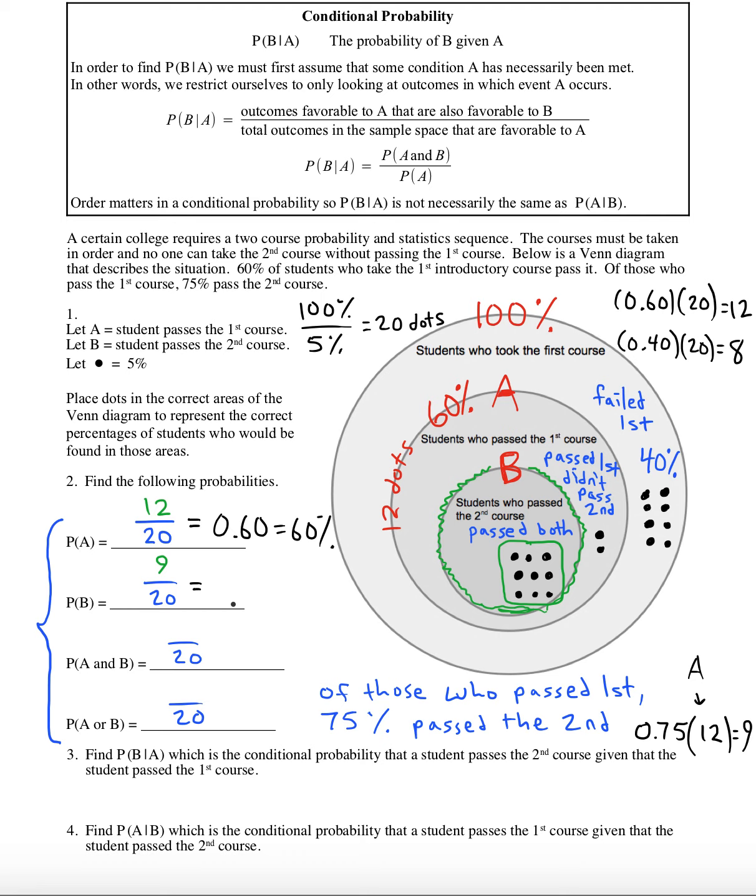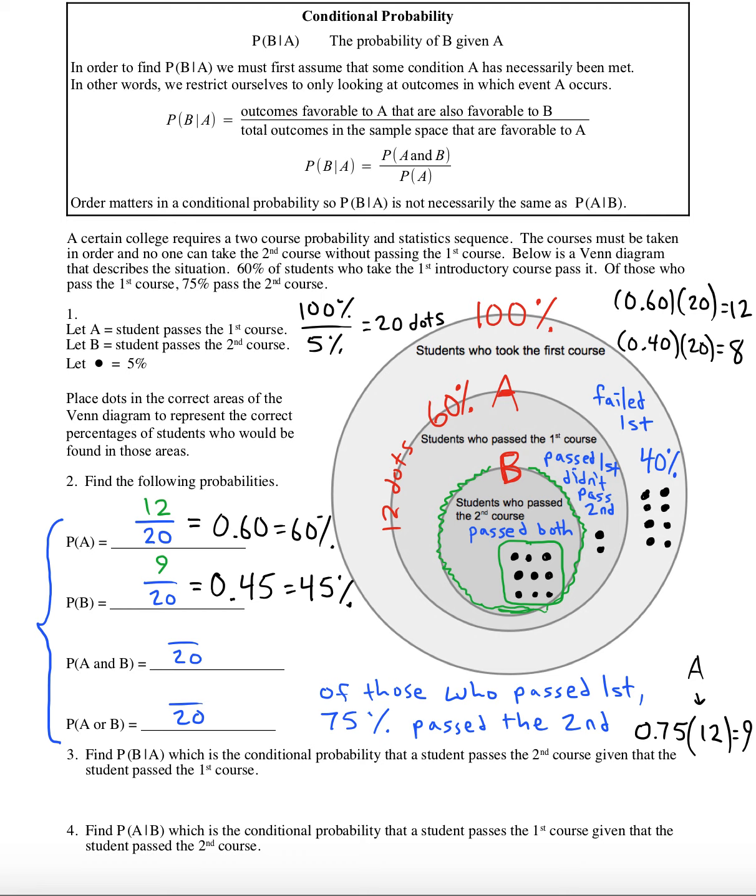But remember, it's still out of the total population. You're basically asking, if we pick a random dot out of all the 20 dots, what's the chance of that dot being in bubble B? It's 9 out of 20, which happens to be a number that wasn't given directly. It's 45% chance of any given student being in bubble B.